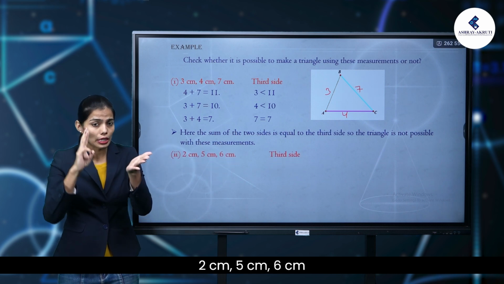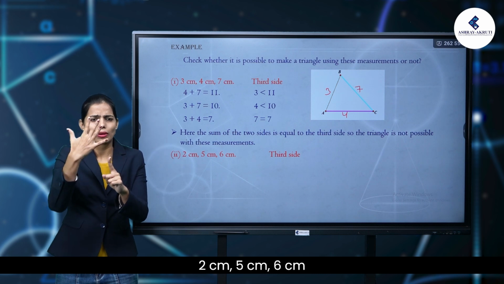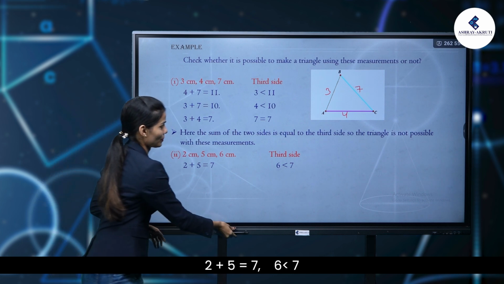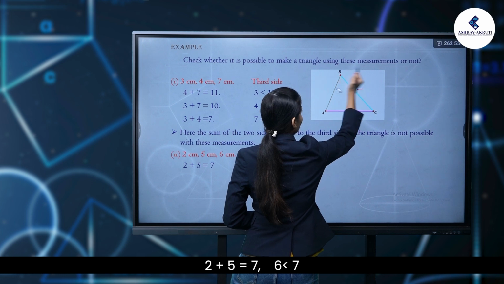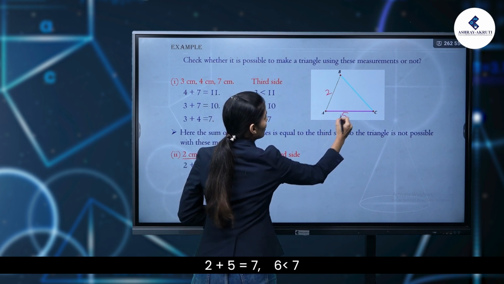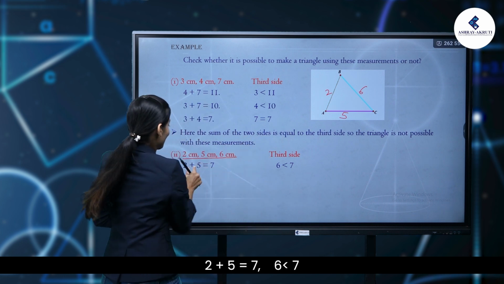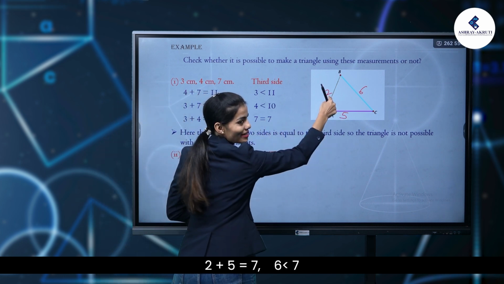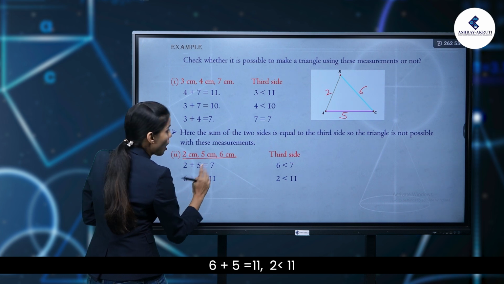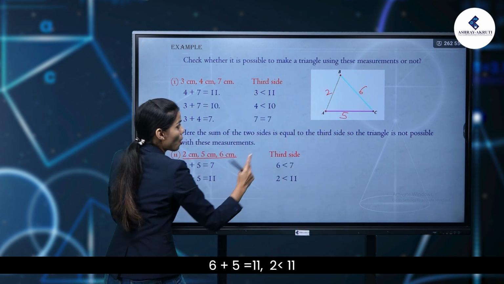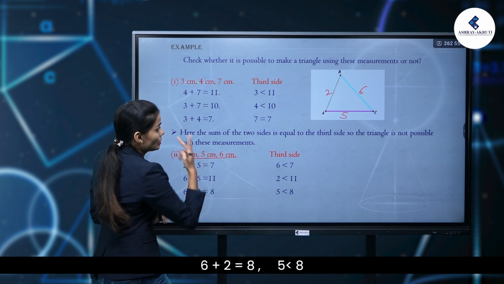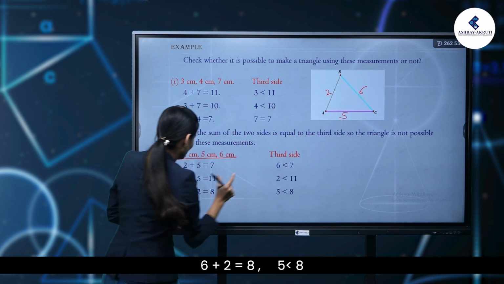2 cm, 5 cm, 6 cm. 2 plus 5 is equal to 7. 6 less than 7. 6 plus 5 is equal to 11. 2 less than 11. 6 plus 2 is equal to 8. 5 less than 8.